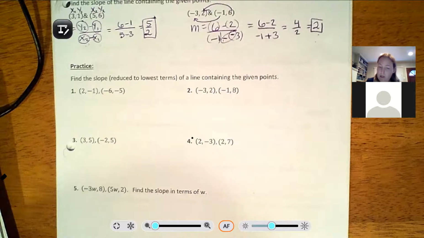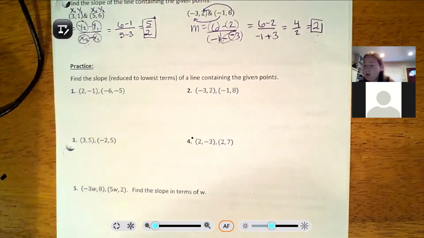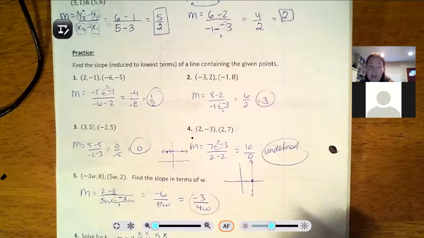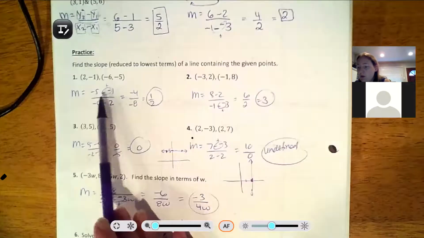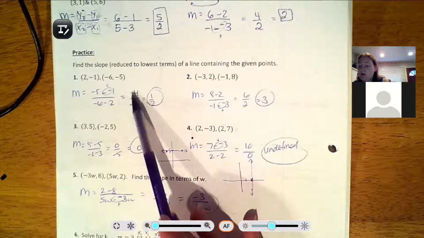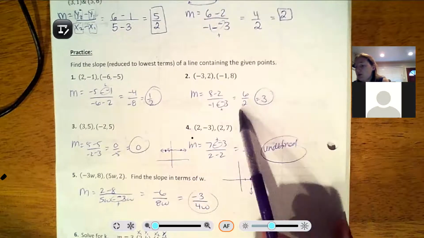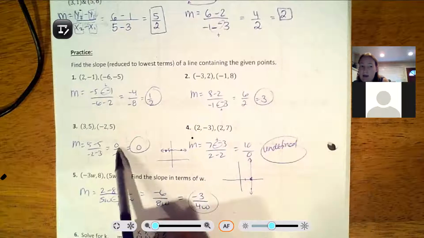So there's a few more just for practice. Essentially, it's practicing that you're putting it in the right places, and practicing the double negative, practicing reducing, doing some work with negative divided by negative is positive. Here, 6 divided by 2 is 3. 0 divided by anything is 0.